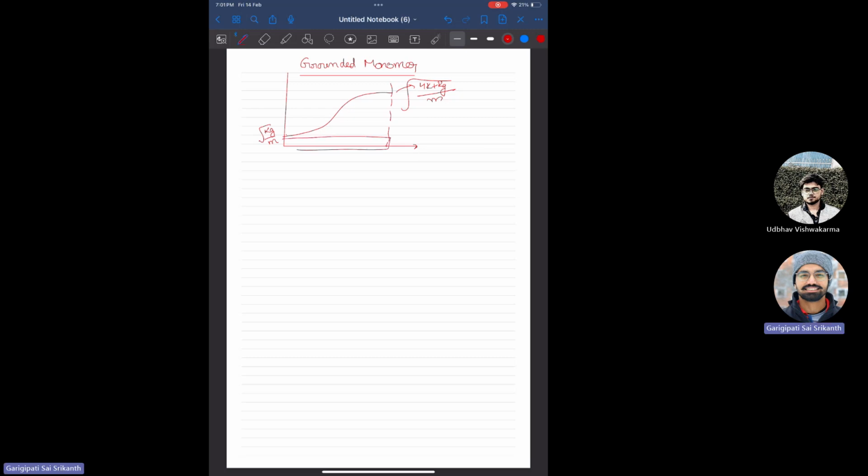So this entire region is a band gap. This is the cutoff, and this is the region that is the passband.